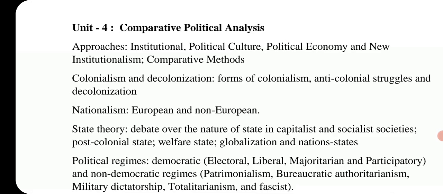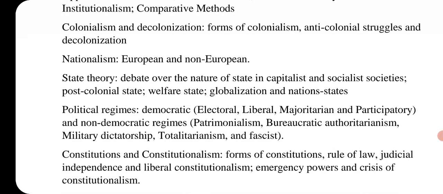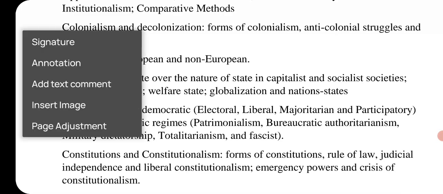and nation states, political regimes, that is democratic, electoral, liberal, majoritarian, participatory, non-democratic regimes, patrimonialism, bureaucratic authoritarianism, military dictatorship, totalitarianism, and fascism.